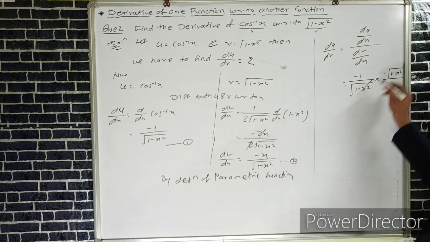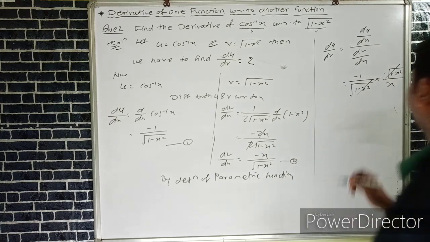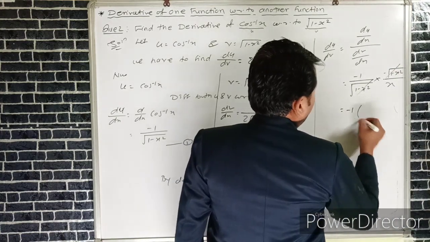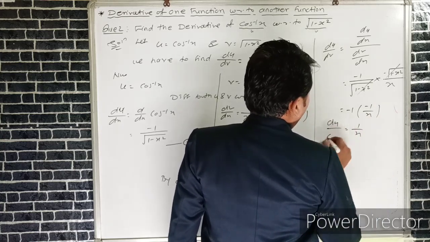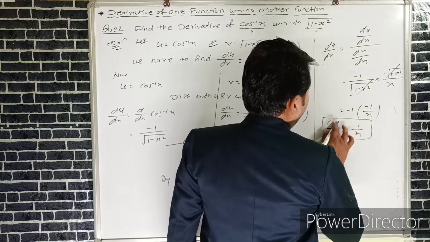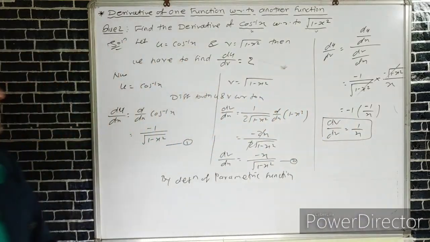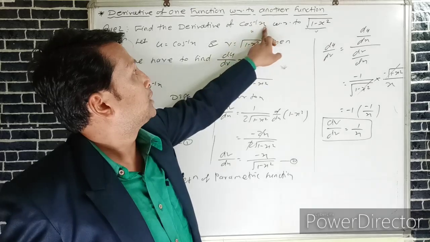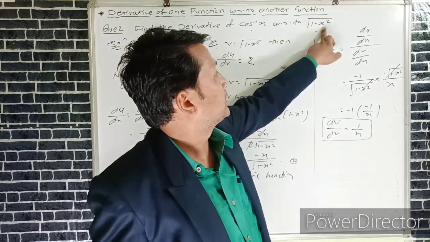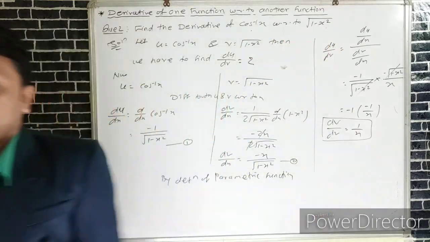Here under root of 1 minus x square cancels. We can write it as minus 1 into minus 1 by x, which is 1 by x. The required derivative du upon dv is 1 by x. It means that the derivative of one function cos inverse x with respect to another function under root of 1 minus x square is 1 by x.